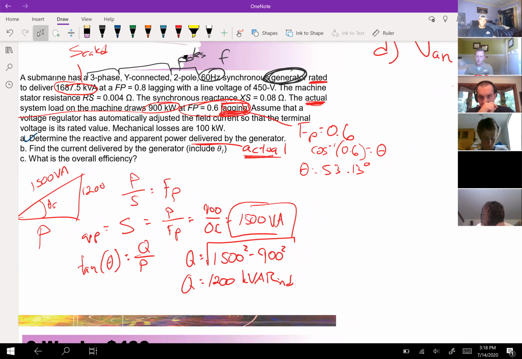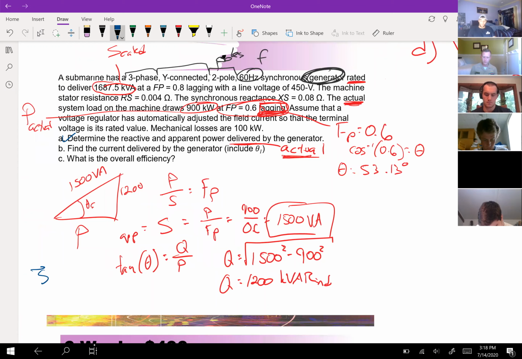The other way would be to take, I'll just write the formula down, the I complex conjugate. And then just remember, I said that you had to take the S of a single phase and the V of a single phase, and that will give me the I of a single phase. It's a Y connected, so that I is the I line that we're being asked to solve for.